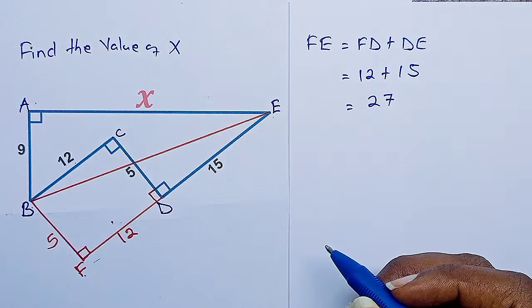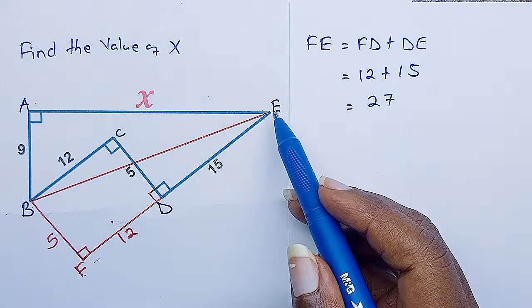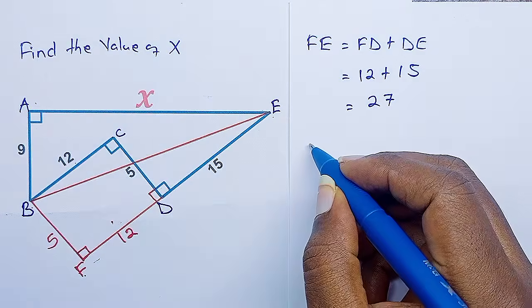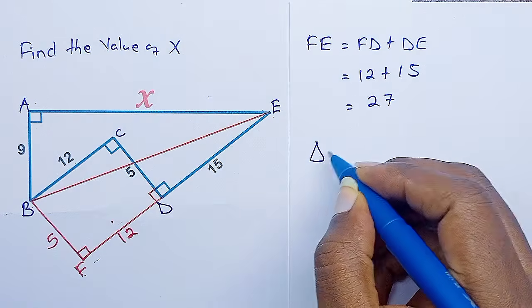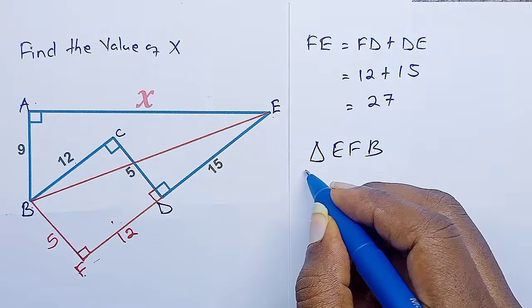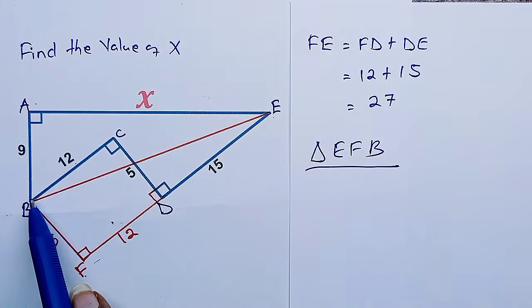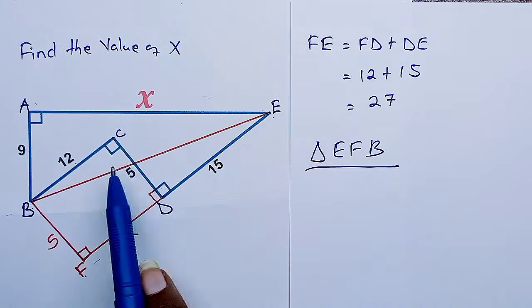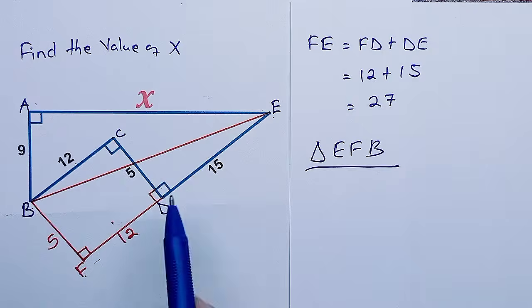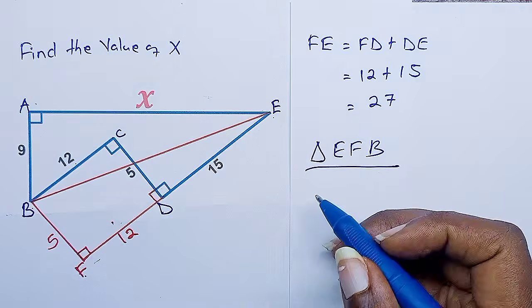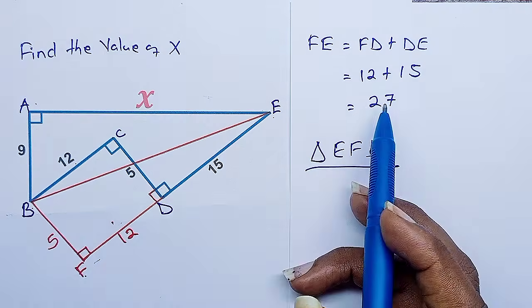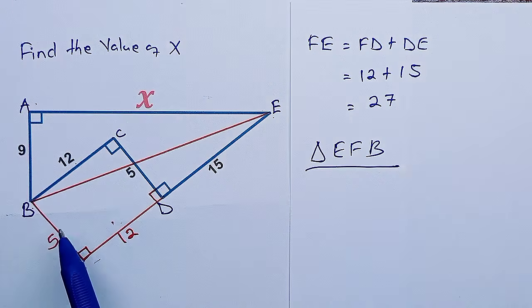So first, considering triangle EFB, as you can see, this is 90 degrees. So that implies that BE is the hypotenuse. And we have this side length FE as 27, and then this side length BF as 5.